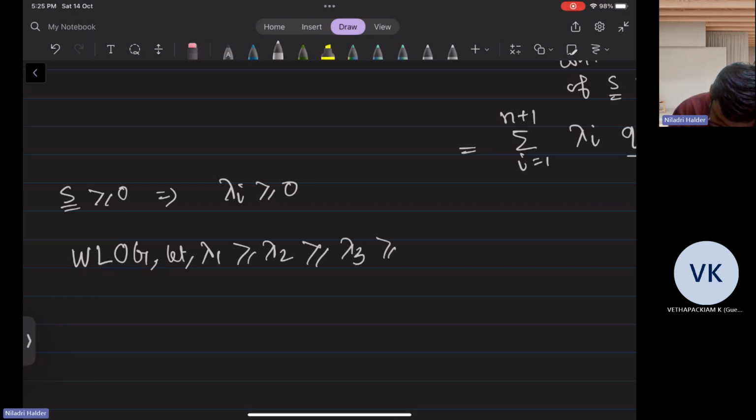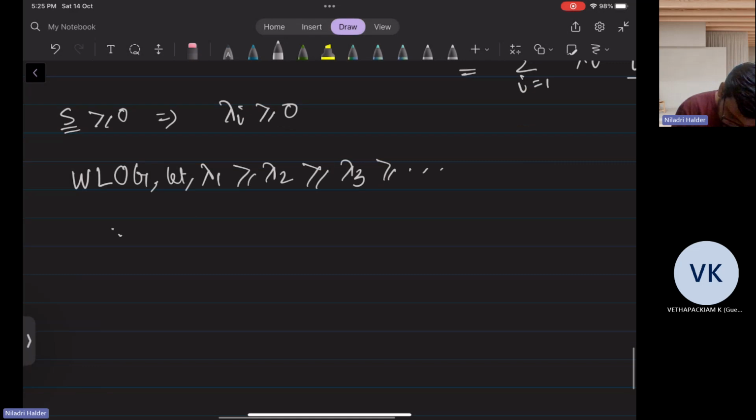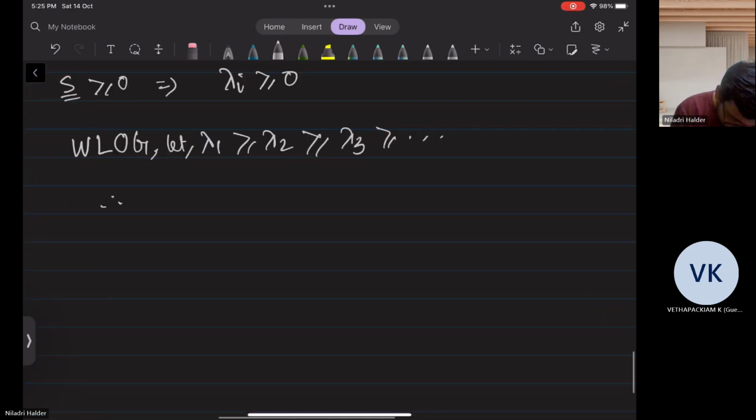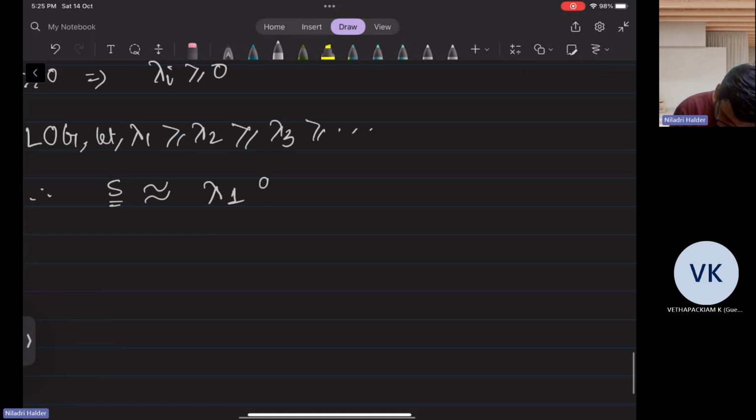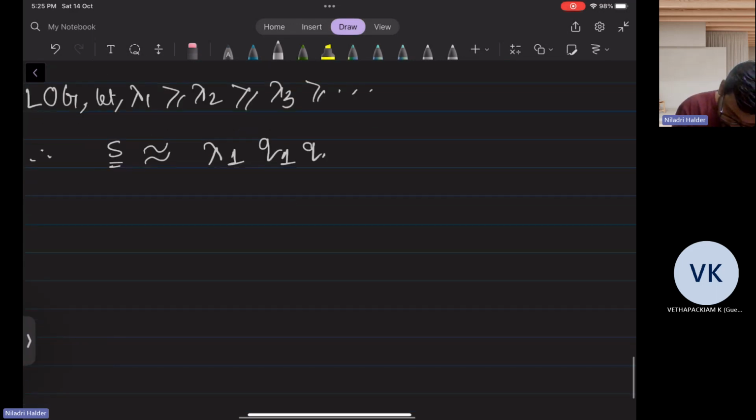So all are arranged. Then S can be approximated as lambda 1 q1 q1 transpose.